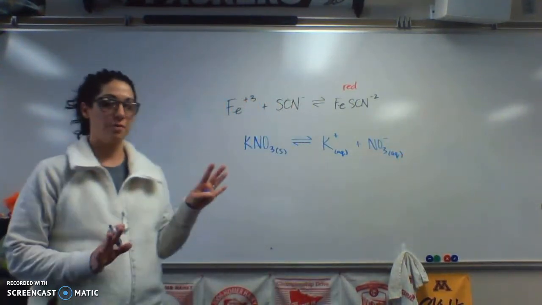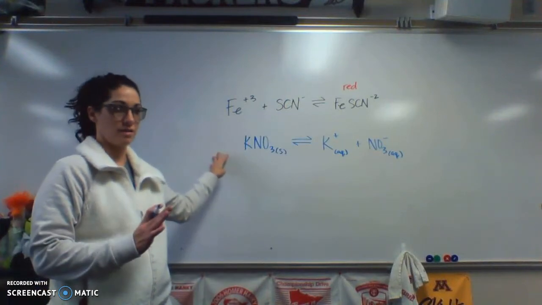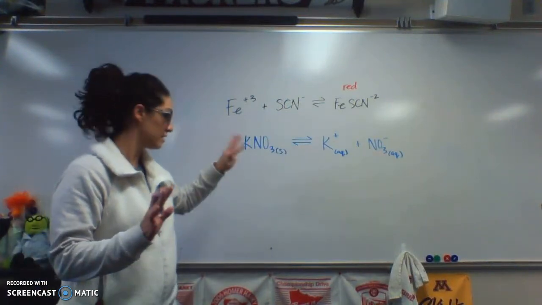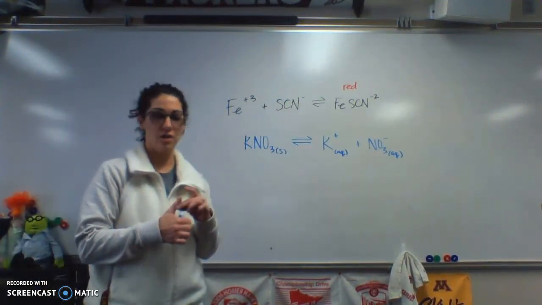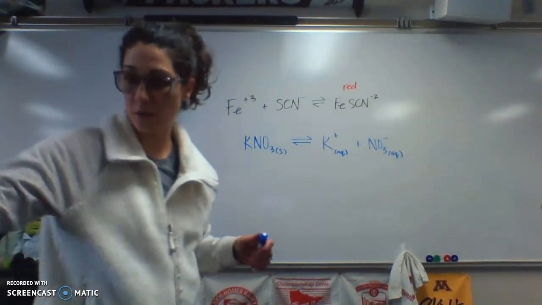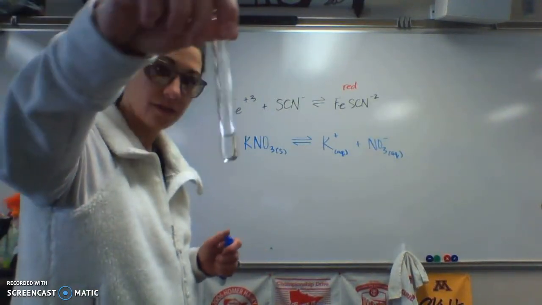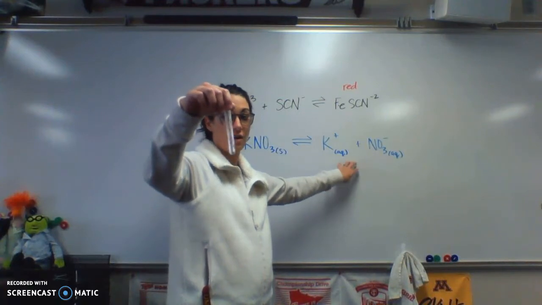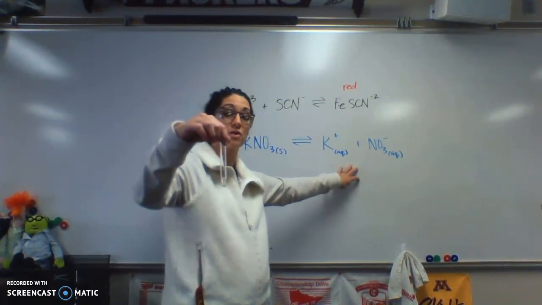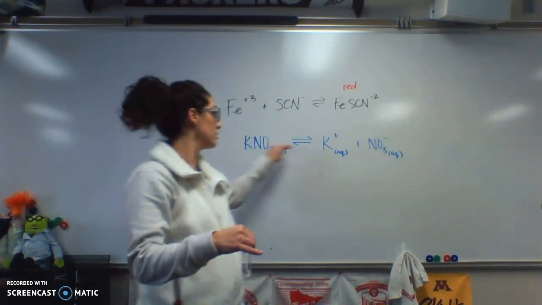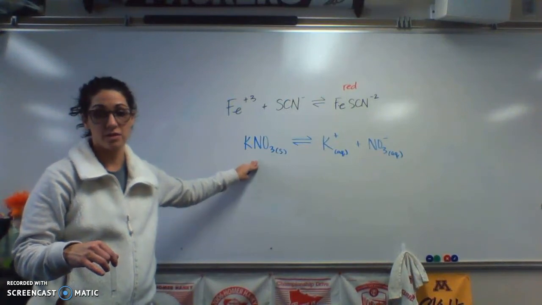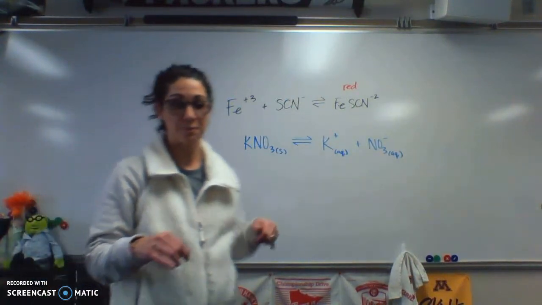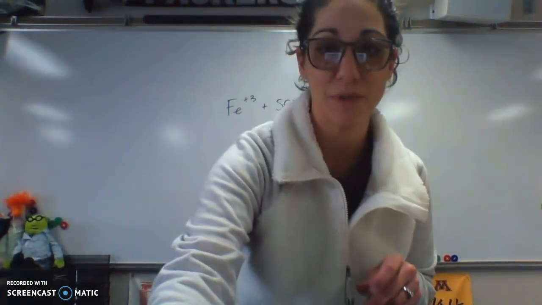So if it's endothermic, you've got to know where your heat is, and then cooling it and heating it, how does that affect this shift? Just a quick hint, right now when you see it all dissolved, that would be on this side, where you have ions that are dissolved. When it was crystallized, like we saw before when it was cooled, that would mean this was present, so it shifted towards this. All right, so that is Le Chatelier's principle experiment.